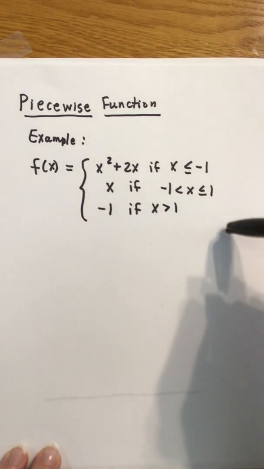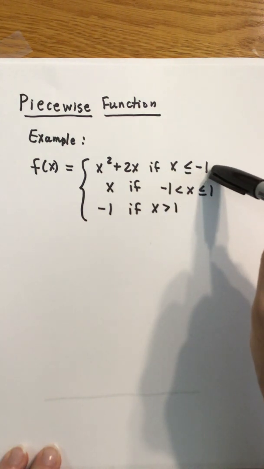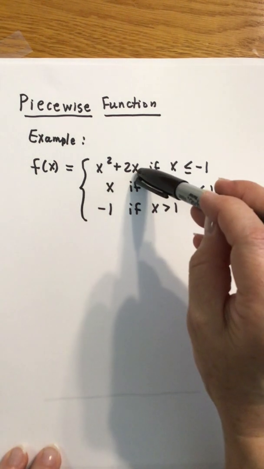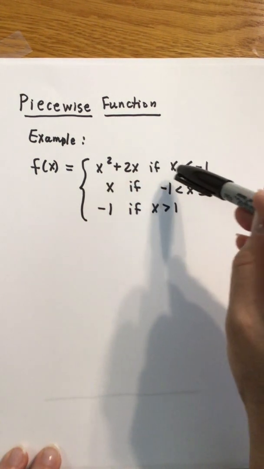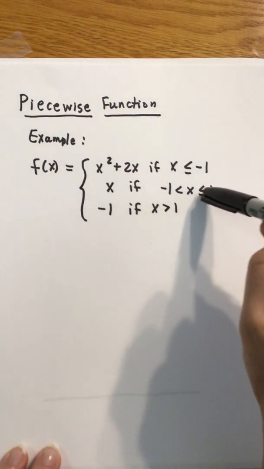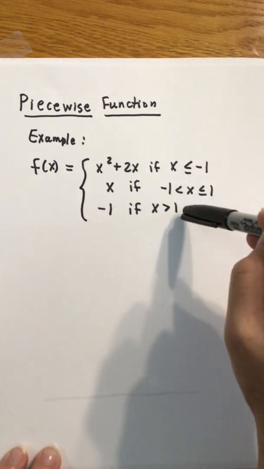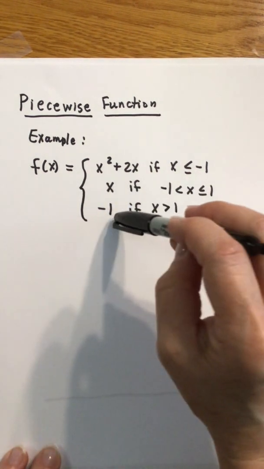So this is separating our domain. If x is less than or equal to negative 1, we use this as our input. If x is between negative 1 and 1, then we use this as our input. And if x is greater than 1, we use this.